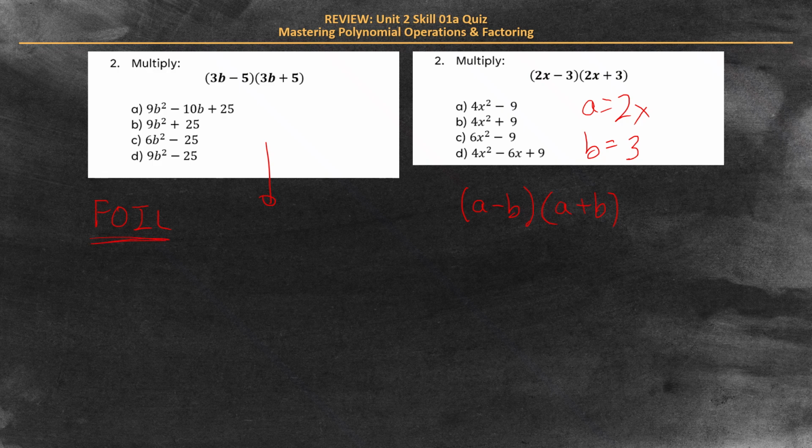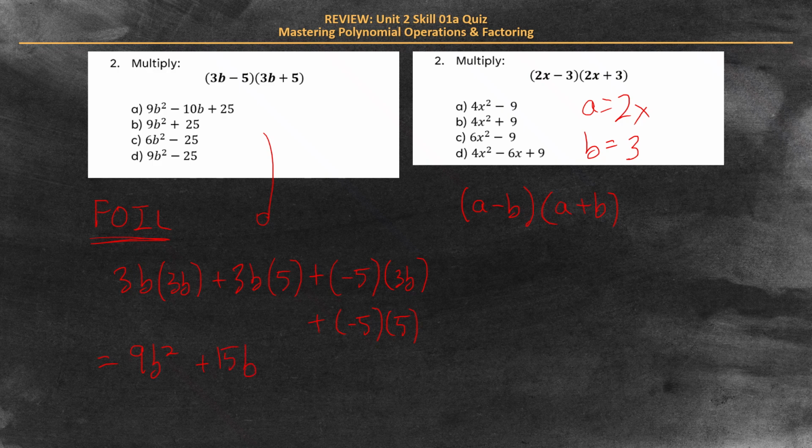So FOIL method, let's take a look. We have first, 3b times 3b, plus outer, which is 3b times 5, plus inner, negative 5 times 3b. And last, we have plus negative 5 times positive 5. All right, so simplify that. 3b times 3b is 9b squared. And we have 3b times 5, which is 15b.